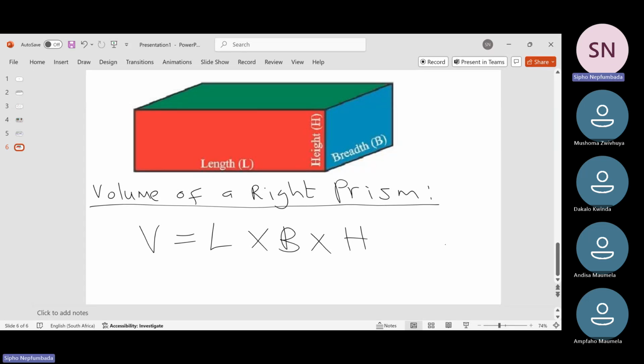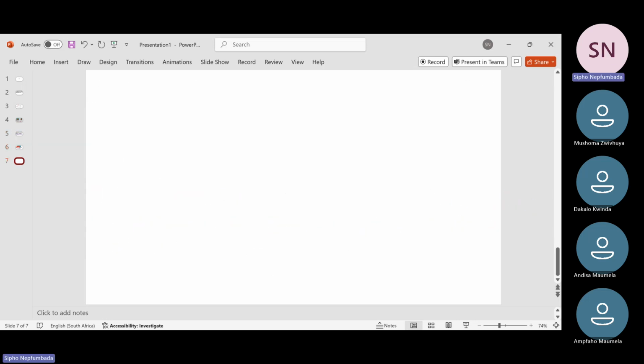Okay. So now, can we proceed and talk about the scaling factor of right prisms? Yeah. Okay. You are expected to be able to determine the effect that multiplying any of the dimensions of the right prism by a factor of k will have on the area and volume of the prism. So to shortcut things, let's grab this.